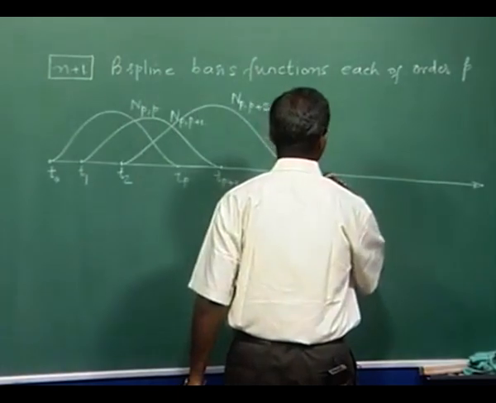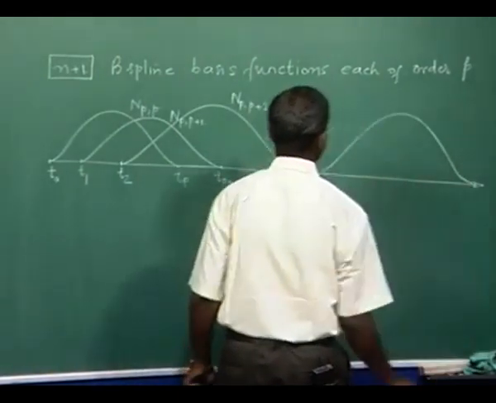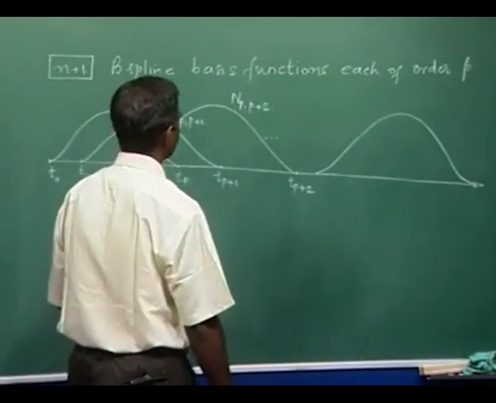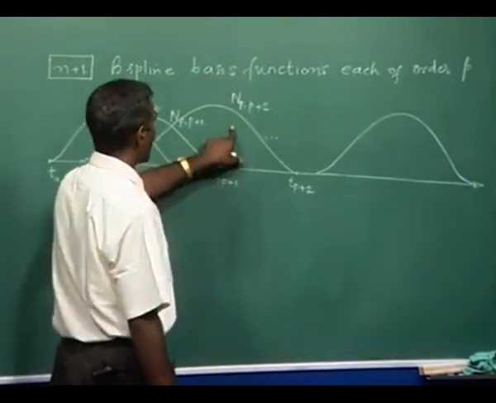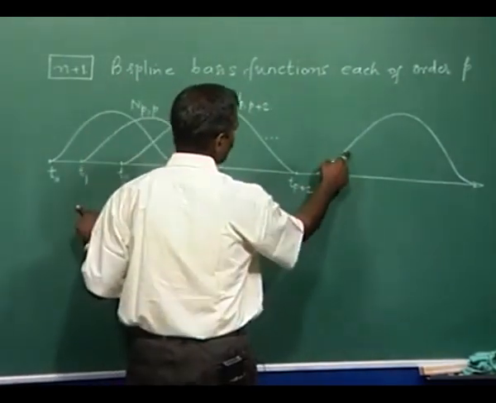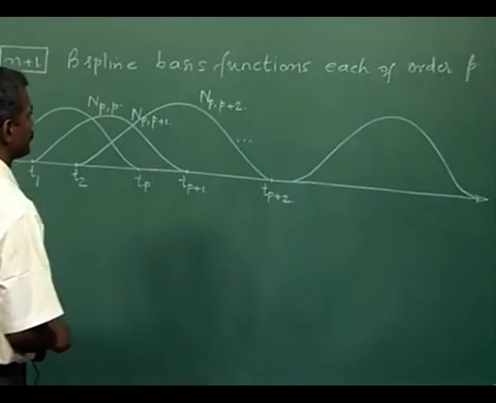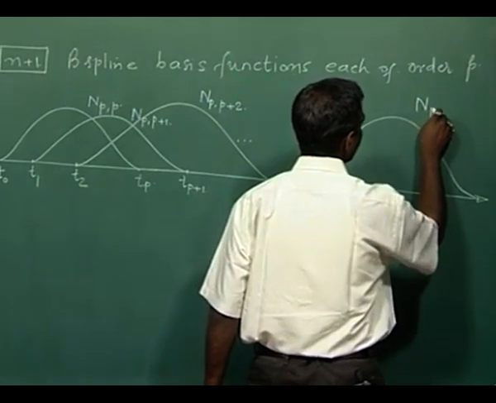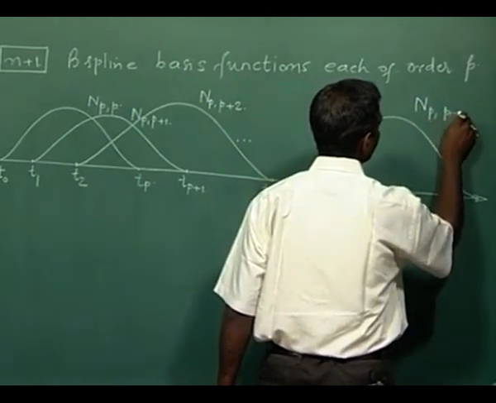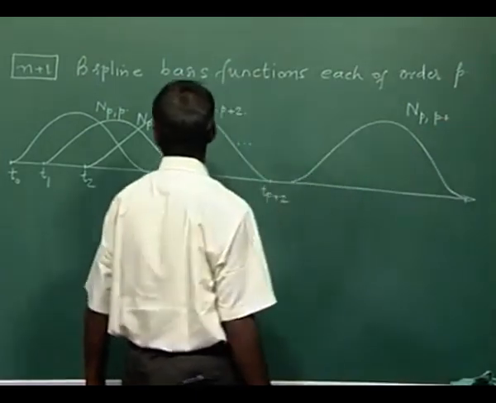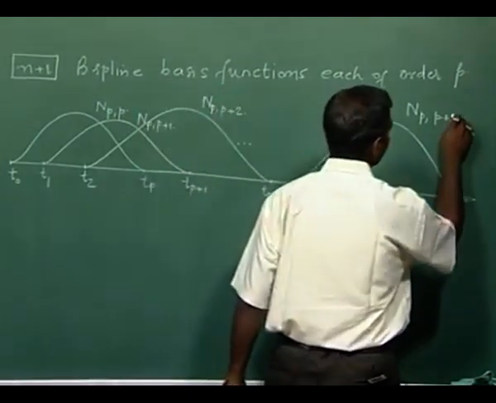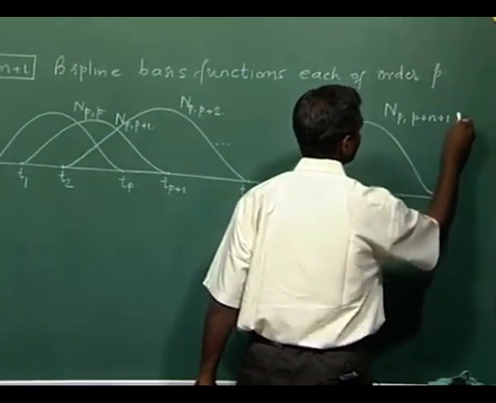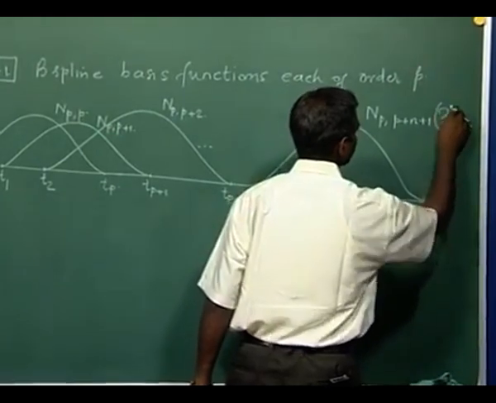Let me sketch this thing for you arbitrarily. Let me first nomenclate so that I'm sure this is the n plus 1th basis spline. This would be N order p, p plus n plus 1. Is that the case?